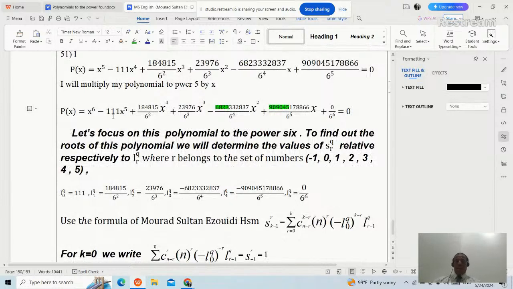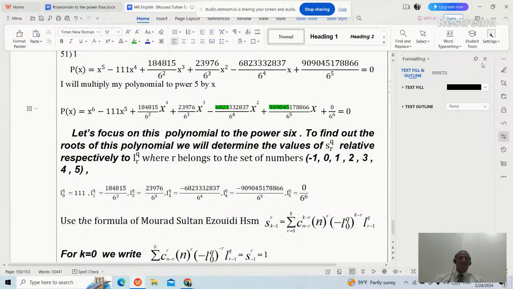We can see that let's focus on this polynomial of degree 6. To find the roots of this polynomial, we should determine the value of SRQ relative to LRQ, where R belongs to the set of numbers -1, 0, 1, 2, 3, 4, and 5. So we start, learners.